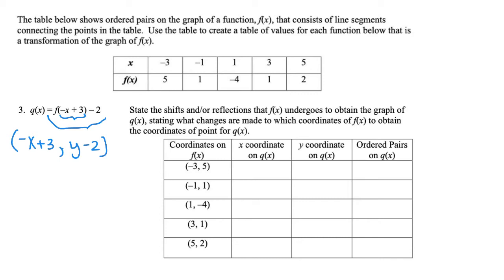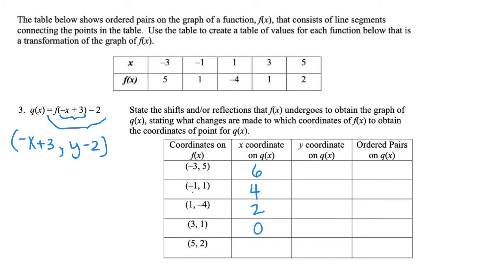With our x coordinate, it's going to be the opposite of x plus 3. So we're going to get the opposite of negative 3, which is 3, plus 3, 6. And then the opposite of negative 1, which is 1, plus 3 is 4. Negative 1 plus 3 is 2.